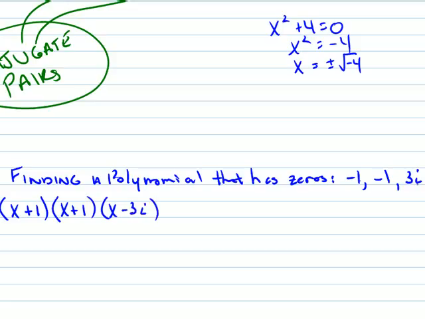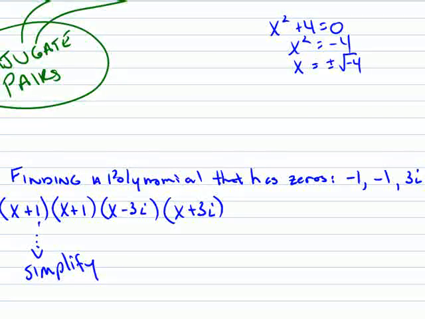And because this is complex, this has to occur in a conjugate pair. So that means that x plus 3i must also be in there somewhere. So here we have a function that has -1, -1, and 3i as zeros. And then from there on, we would simplify and multiply this thing up.